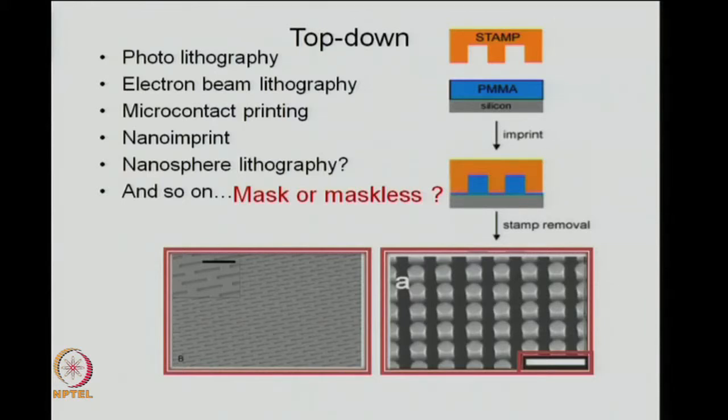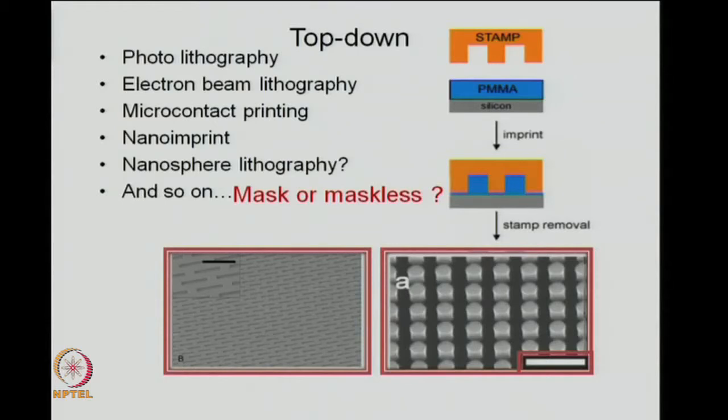In top down processes, you can have different kinds of lithography. You can have photolithography, where you are removing atoms from the surface using light, or you can have electron beam lithography, where you are removing atoms and materials using electron beams.